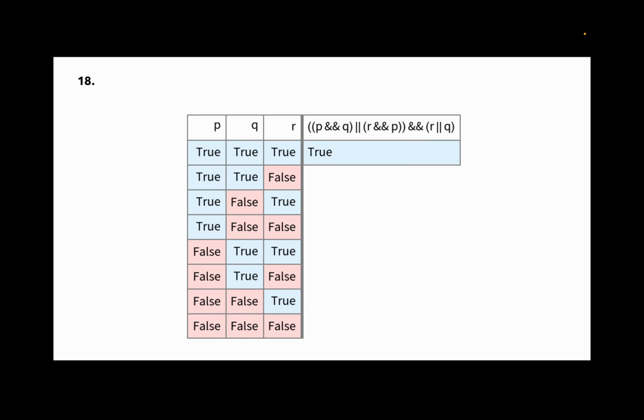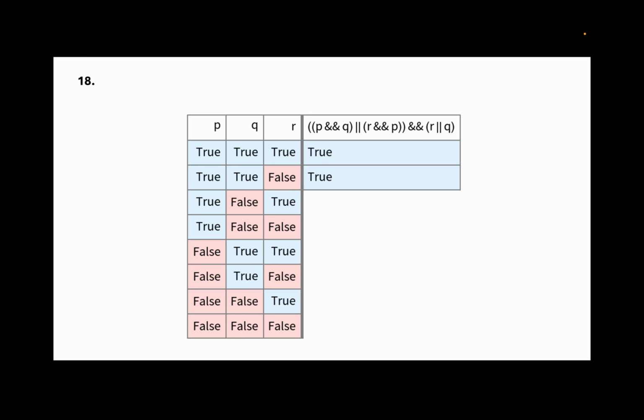R or Q. Or means anyone is true. True. R and P false. So true or false, true. So here also true will come.